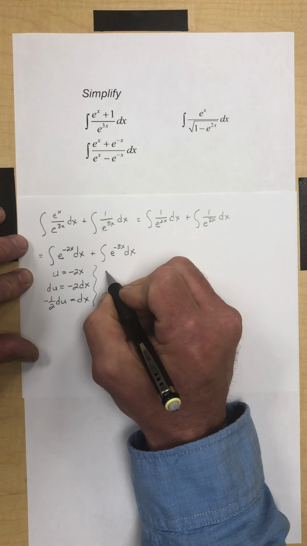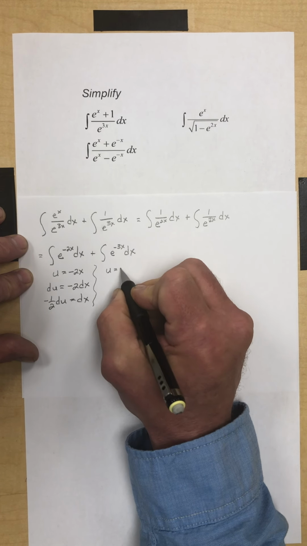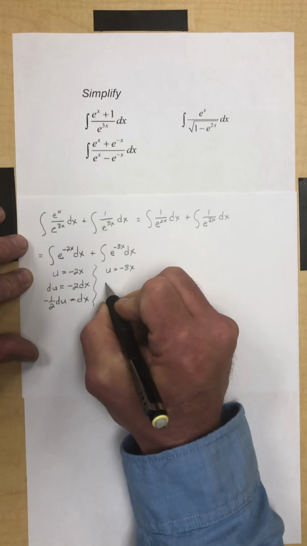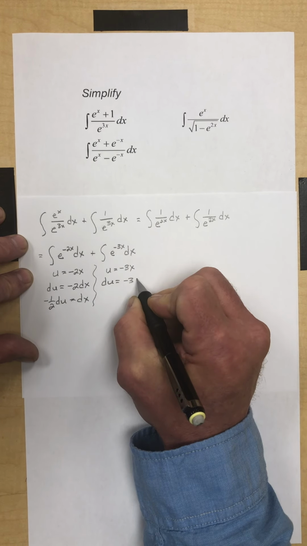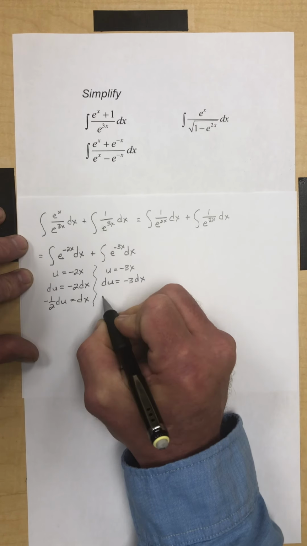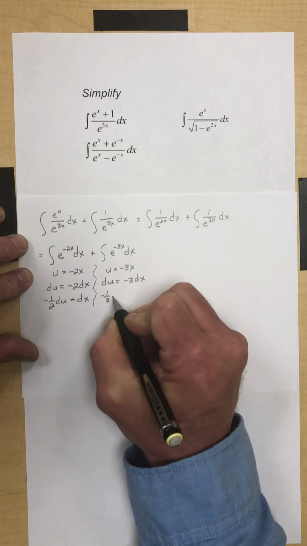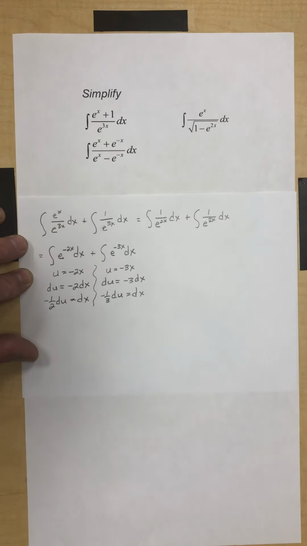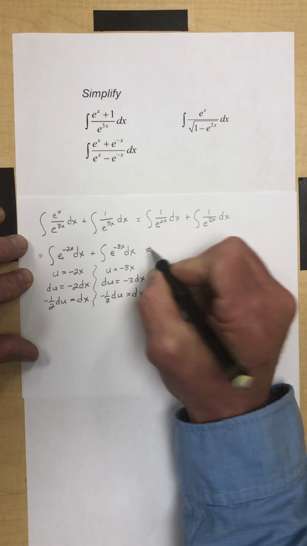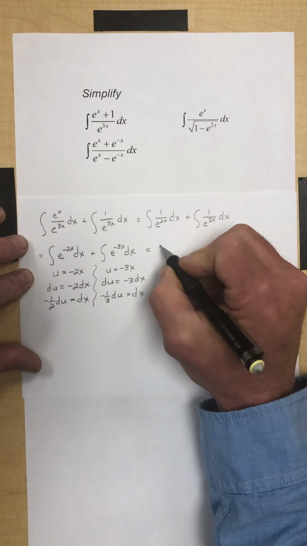My u would be negative 3x. So my du is negative 3 dx, so I get negative 1/3 du equals dx. Okay, so we go ahead and use our u substitution.